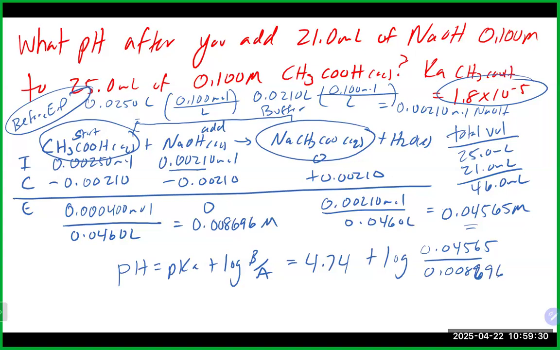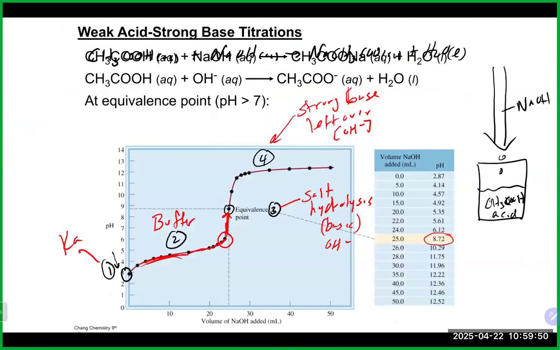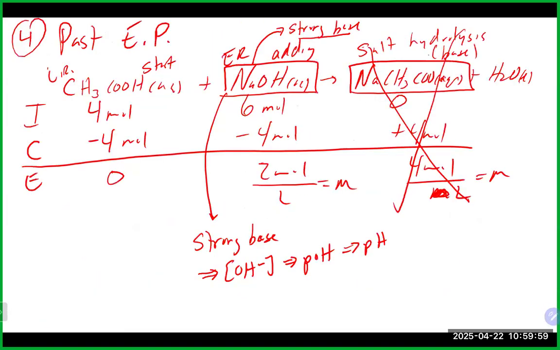So 0.04565 divided by 0.008696. And we take a log of it, plus 4.74. Gonna give us, I think, 5.46 pH here, hopefully. See how we did. Close there. 5.46 is right in between there. That's not bad. Since this is the actual titration there.